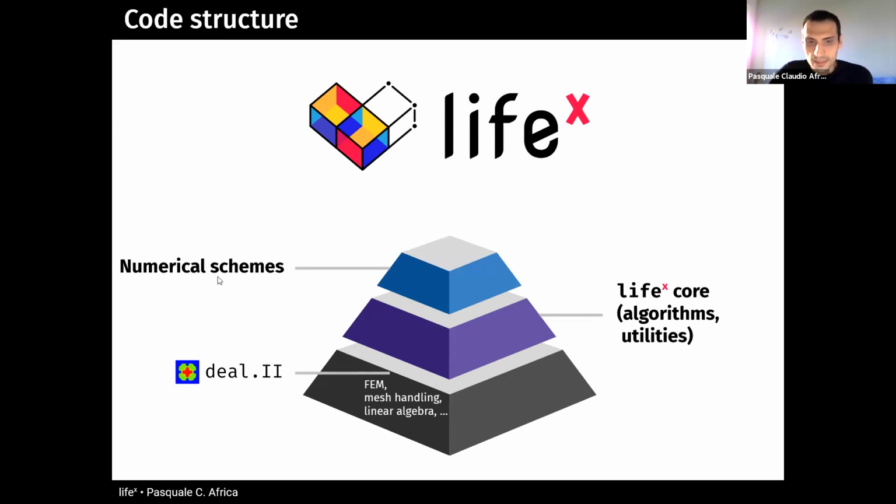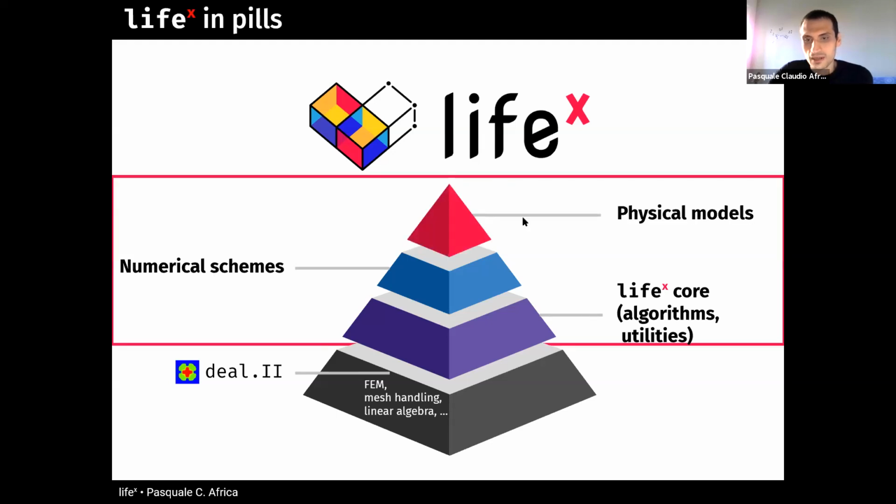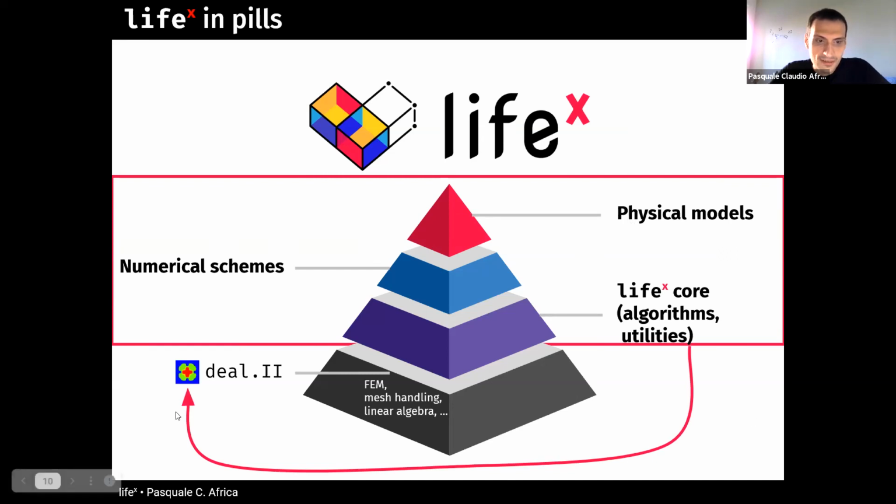Then the numerical schemes that we use to tackle the different problems, and in particular the physical models that we have implemented are those related to the heart physiology, to the cardiac function, but not limited to this only. And historically, sometimes we have provided some feedback to the community with new features or some small improvements, depending on the needs that we had while developing.